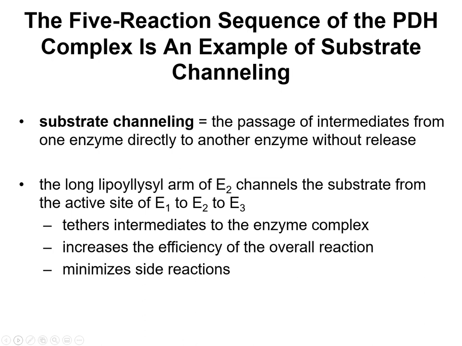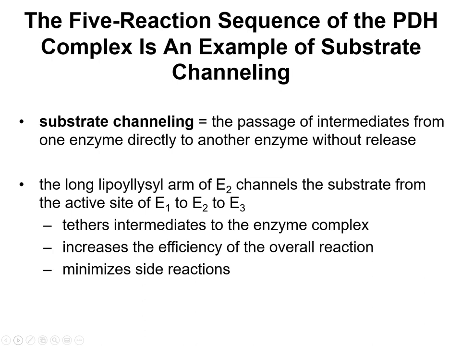That long lipoyl arm in the E2, it channels substrate from the active site of E1 to its own active site in E2. You release that acetyl-CoA, and then the arm goes to E3 to be restored. There are tethers to the intermediates, which keeps it in the enzyme complex.